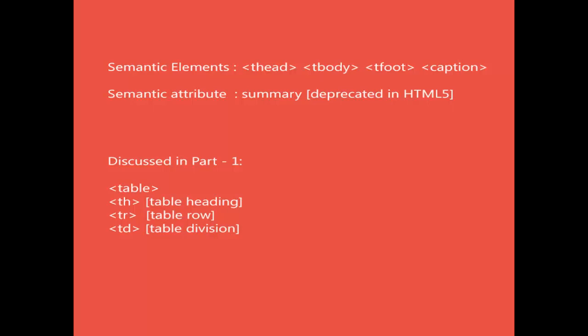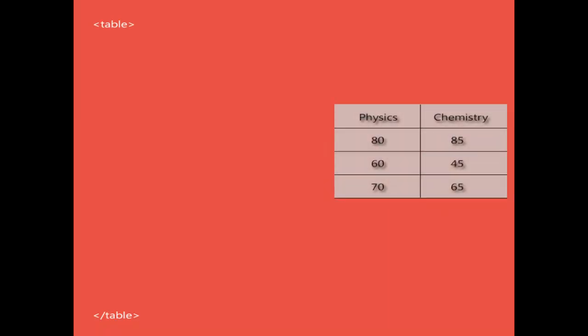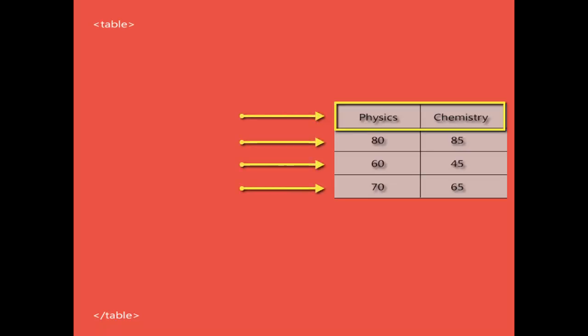Let's have a look at a sample table and then create it alongside. This is the opening and closing tag of the table, and let's create this table that we are watching at our right. We see that the table has 4 rows, and the first row clearly seems some sort of heading.